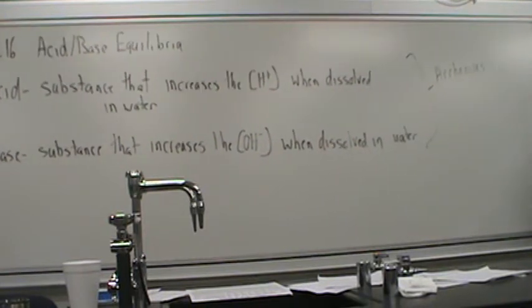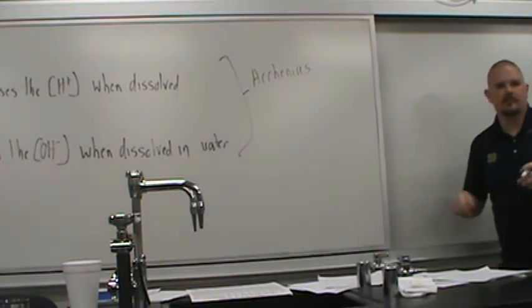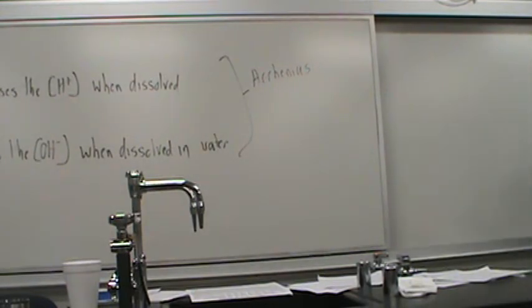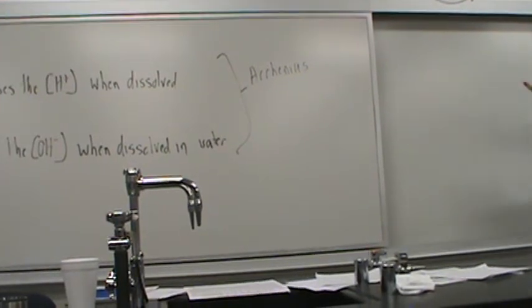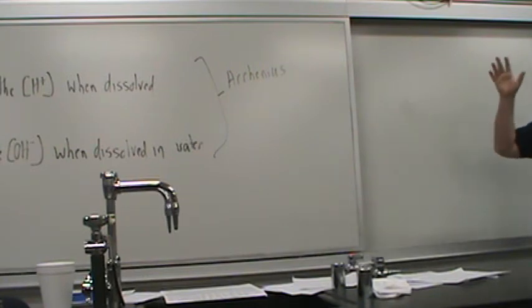But somewhere in the 1800s, there were two scientists still working with different solutions, and they noticed that these definitions weren't helping with what is an acid and what is a base.